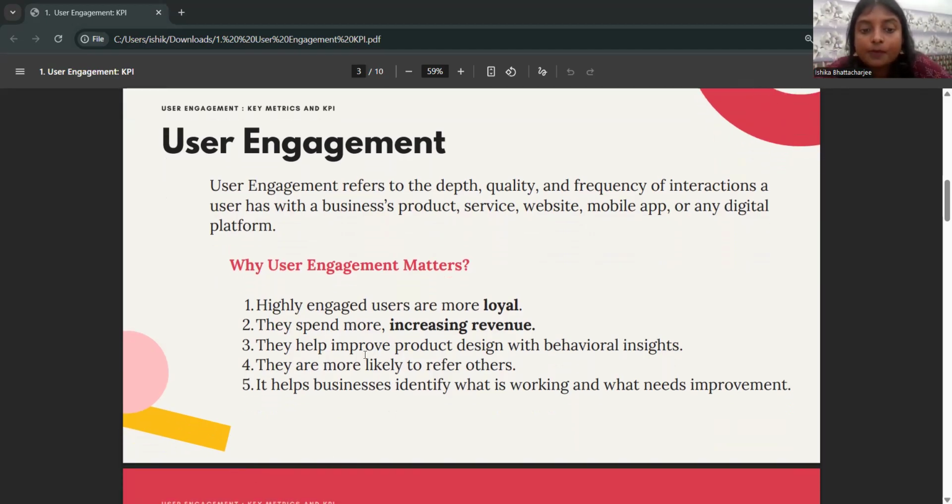Now, also this helps improve product design with behavioral insights. Now, what do behavioral insights mean? Suppose you are liking a reel of a dog, and you like the reels of puppies or dogs or cats. Instagram would think that you like this animal kind of stuff, so it will again suggest more of these.